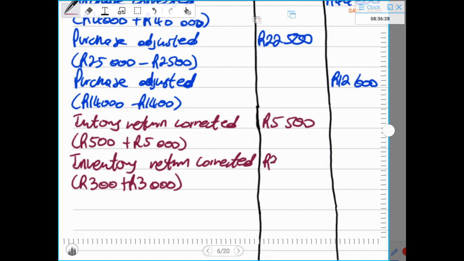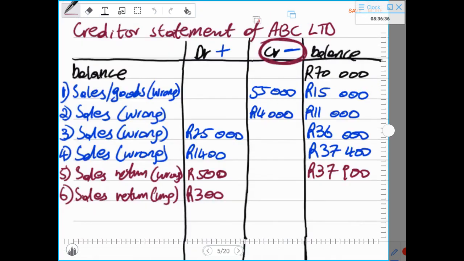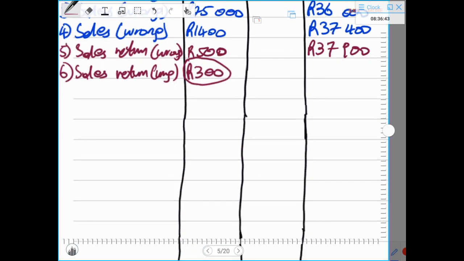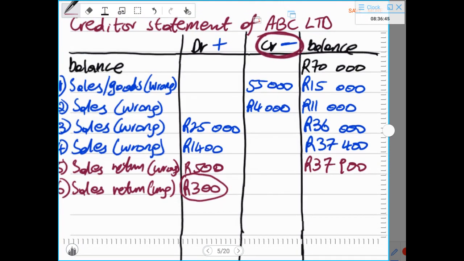Therefore now this will end up with 3,300 rands recorded on the debit side. Remember, once again, by recording an understated return on the debit side, will always overstate your balance.